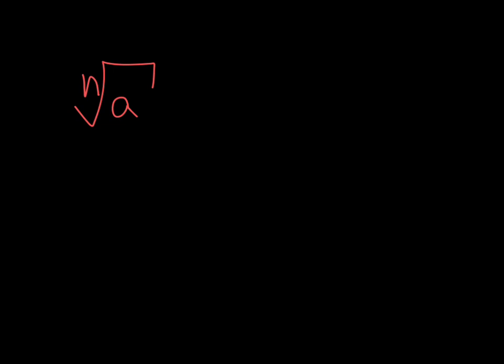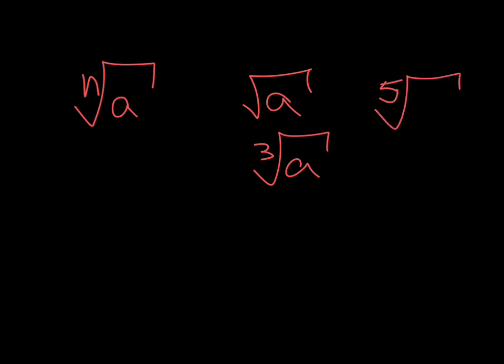Can I call that the nth root of a? Right, so that would be the square root of a. That would be called the cube root of a. Fifth root of a.